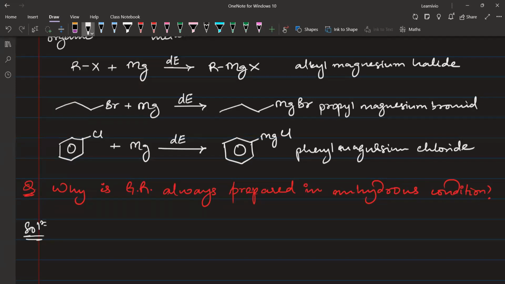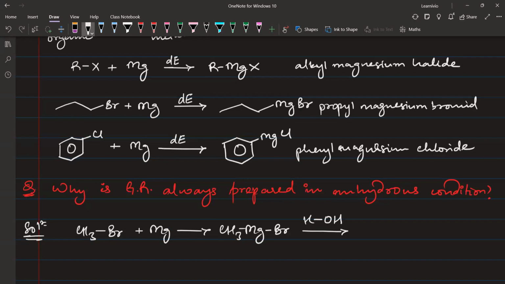For example, suppose you have CH3Br reacting with Mg to form a Grignard reagent. So you will get CH3MgBr. But if there is water somewhere, water is HOH, where this H will have delta positive and the O delta negative. And this carbon atom also has delta negative. So this carbon atom will attack the hydrogen of water, and as soon as it attacks, CH3 having 3 hydrogens gets one more hydrogen, and CH4 forms, plus you will have MgBrOH.